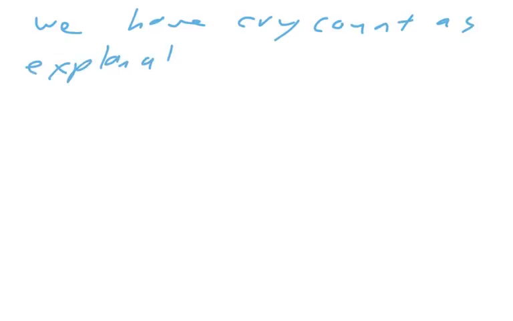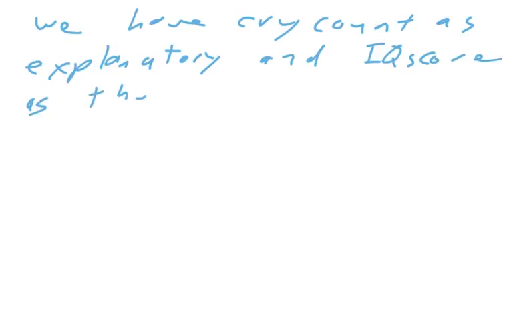So we're doing something that has to do with cry count versus IQ. So is there a correlation between them at all? So I'll have cry count as the explanatory and IQ score as the response.